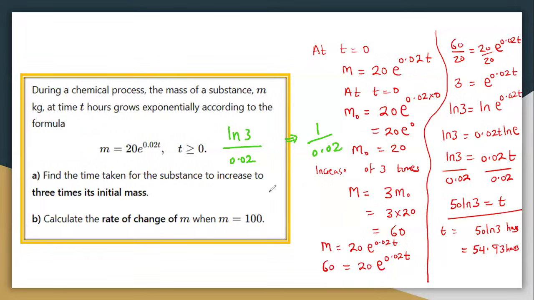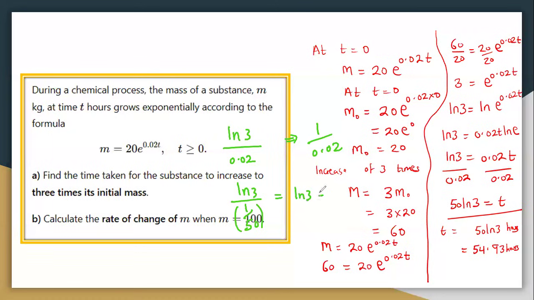I get 50. Now 0.02 in fractions, I can write it as 1 out of 50. Are you seeing? So that's where it is coming from.